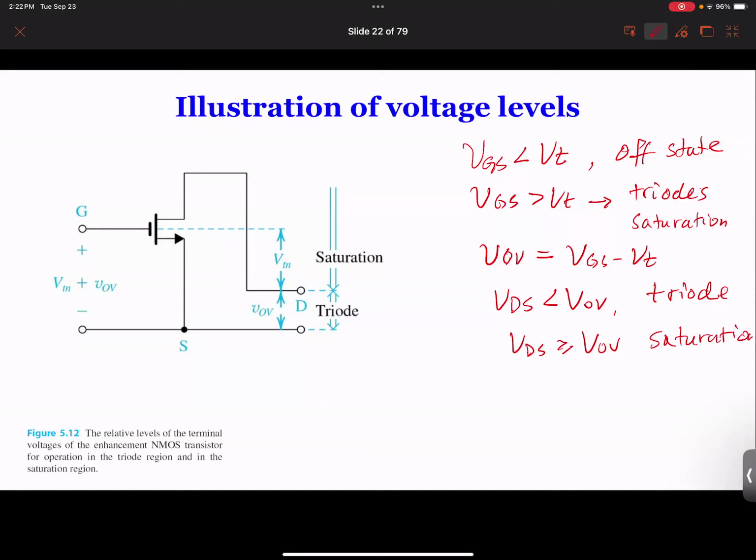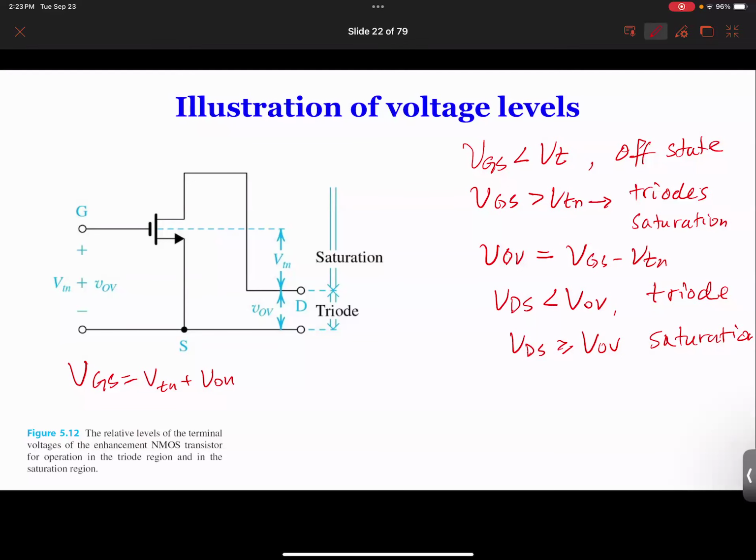So on the diagram over here, because VOV is defined as VGS minus VT, you can certainly derive VGS equal to VTN plus VOV. Okay, and we use a subscript N to represent NMOS.